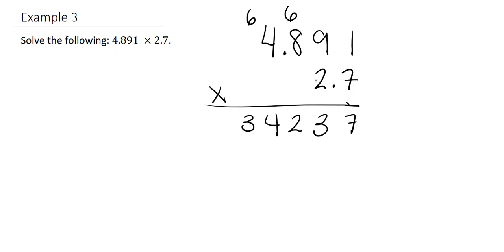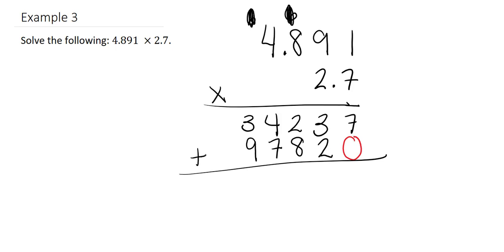Then we move on to the 2, but before we start to multiply, we do our 0 for the placeholder. 2 times 1 is 2. 2 times 9 is 18, so 8 below, carry the 1. 2 times 8 is 16, plus 1 is 17. 7 below, carry the 1. 2 times 4 is 8, plus 1 is 9.